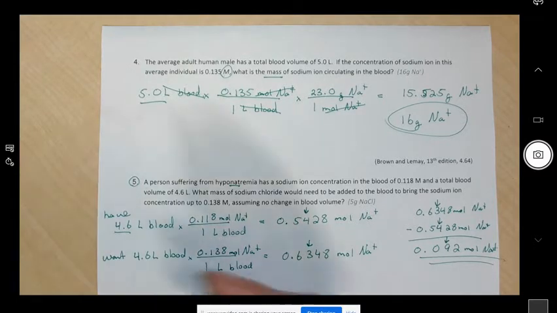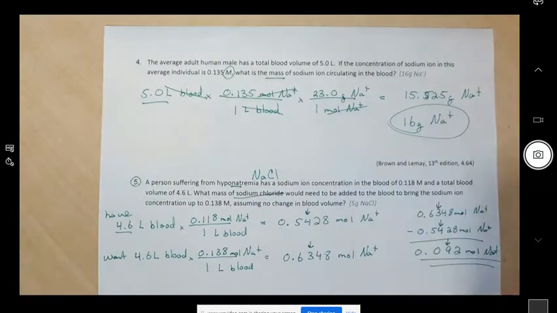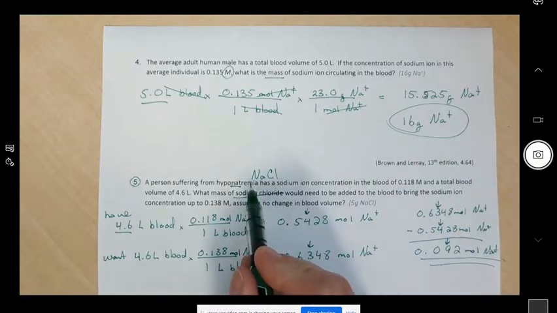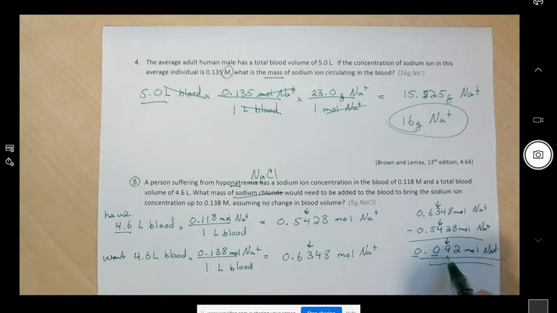So since I know the formula for sodium chloride right here is NaCl, that also means since I have 1 mole of Na plus for every 1 mole of NaCl, I need 0.092 moles of sodium chloride as well.